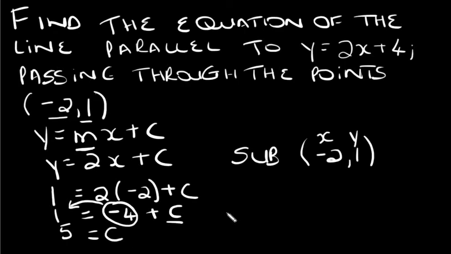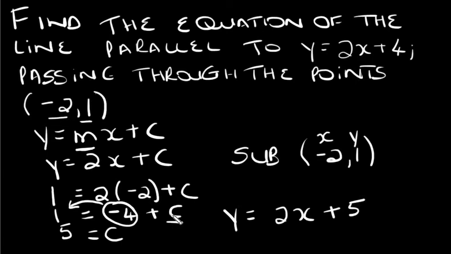So the equation of the new line that is parallel to y is equal to 2x plus 4 is y is equal to 2x, and substitute that c value. And that's how you find the equation of the line parallel to y is equal to 2x plus 4.